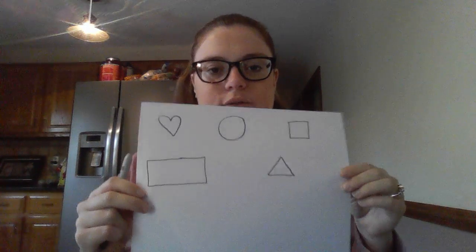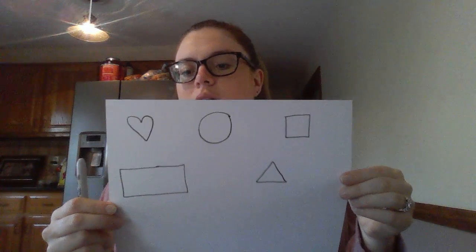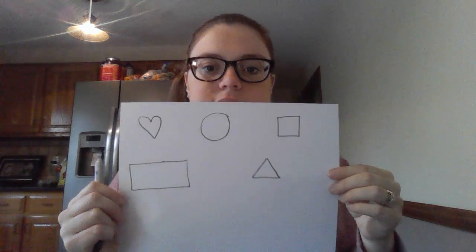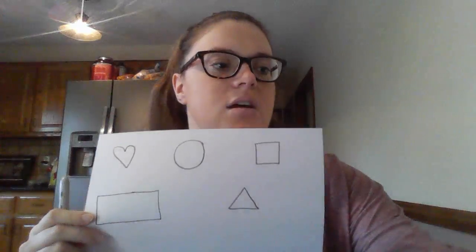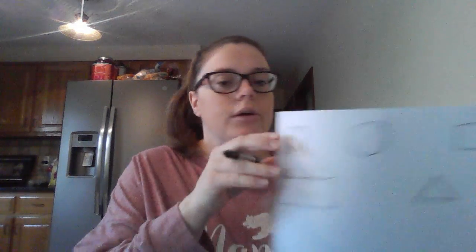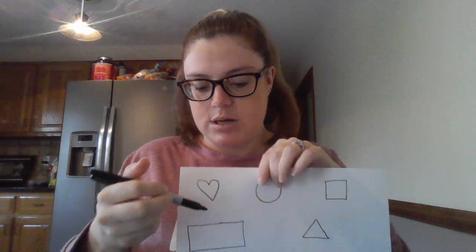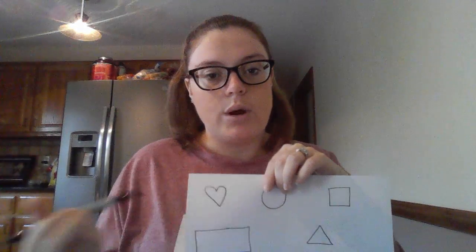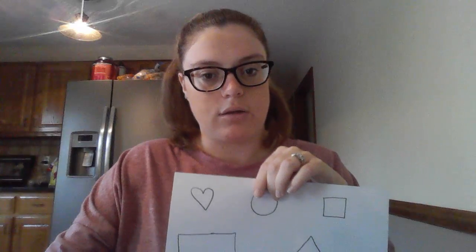All right, one last quick activity about symmetry. I have some pictures right here I drew quickly before the video, and we're going to draw lines of symmetry on them because that's what we would do in class. That's what we have done already this year, earlier on in the year in class. So the first shape you saw was a heart. You could either do it this way or this way. Only one way cutting it in half would work though.